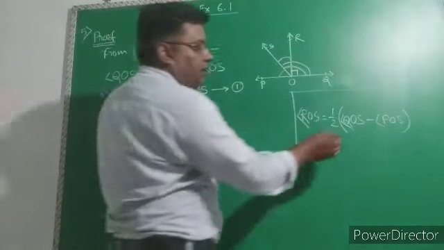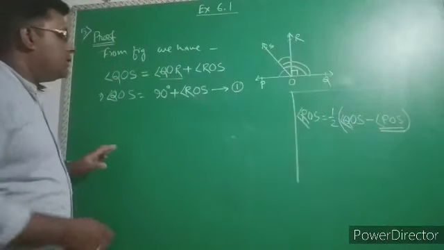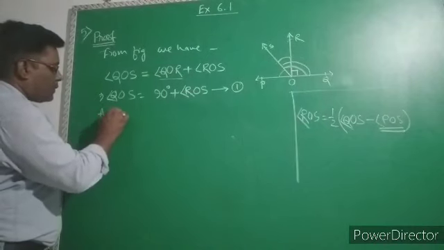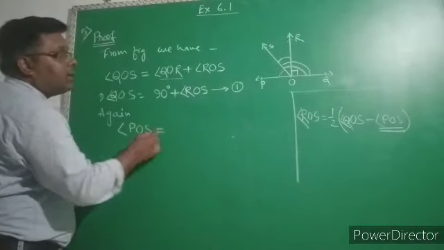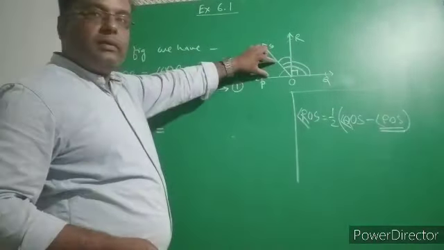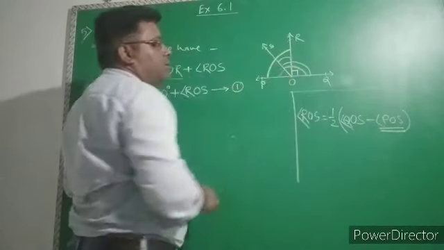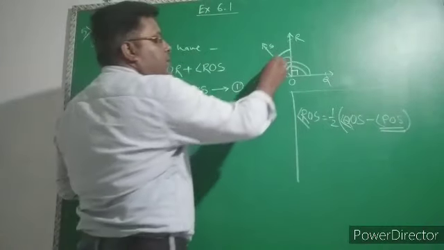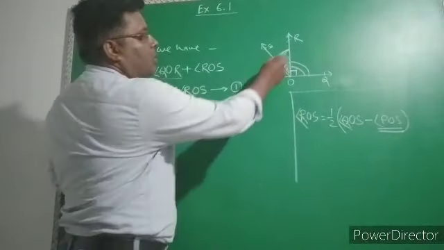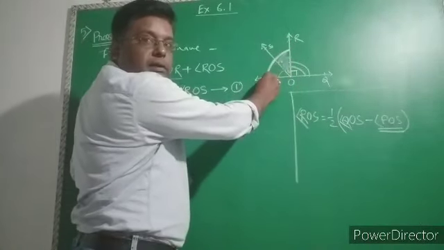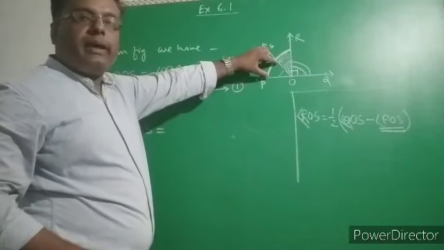Next, after QOS, we need to find POS. So again, angle POS, POS means this angle, is equal to, we can write this whole angle, and from this whole angle, if we subtract this part, we get this, that is POS.